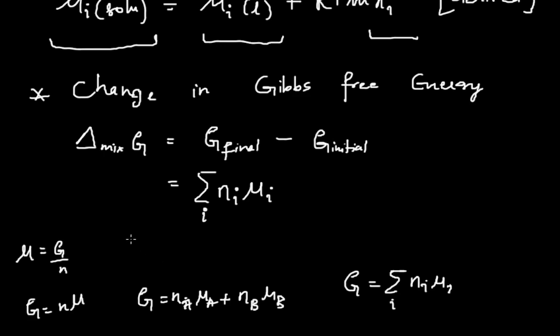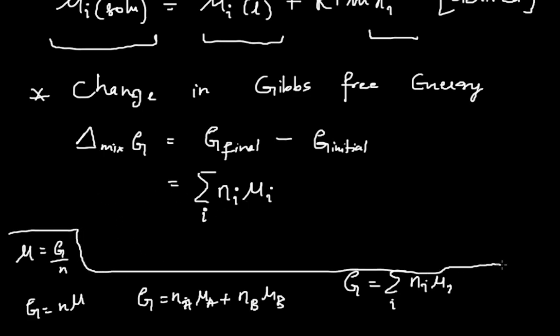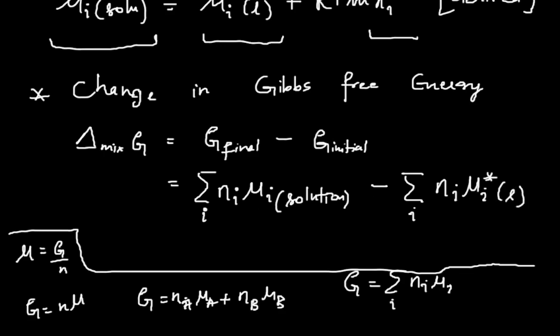So that is what has been given here: the sum of Ni mu i of solution minus the sum of Ni mu i star in its pure liquid state.